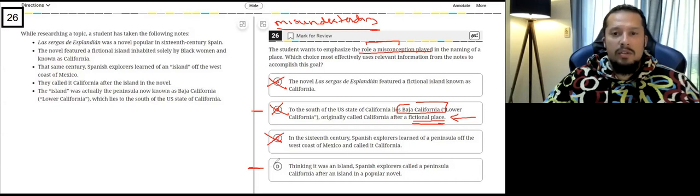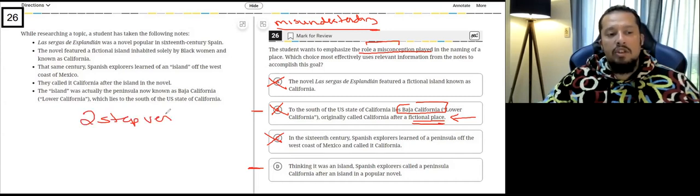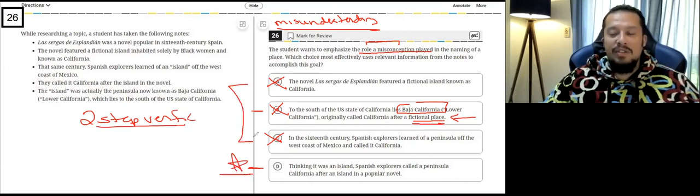I want you to look at answer D. And I want you guys to practice this two-step verification process. I work through elimination, and then I verify my correct answer, just like Google. Thinking it was an island. And so this first phrase, what does it do? It shows us a misconception. Thinking it was an island tells us that this was a wrong thought.